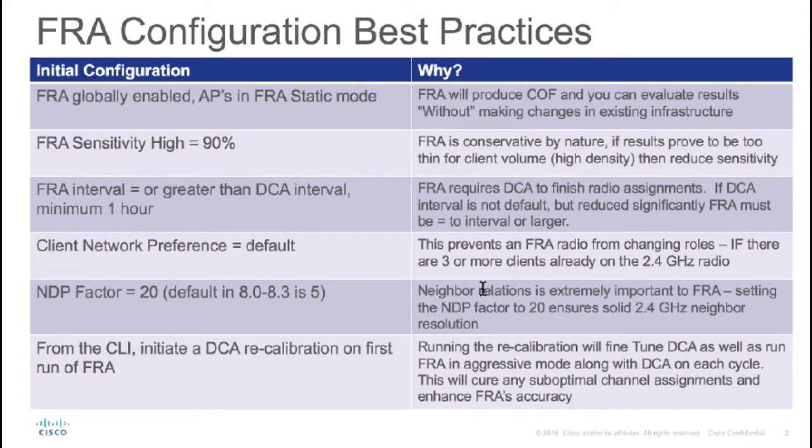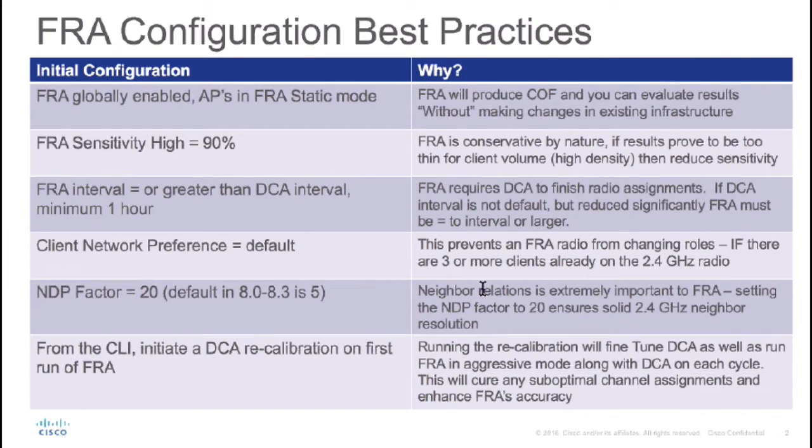Okay, so first thing is putting FRA in static mode on the APs and globally enabled. What this is going to produce is the coverage overlap factor for each 3800, 2800 that you have deployed, and it's going to do that passively without changing the role of the AP.